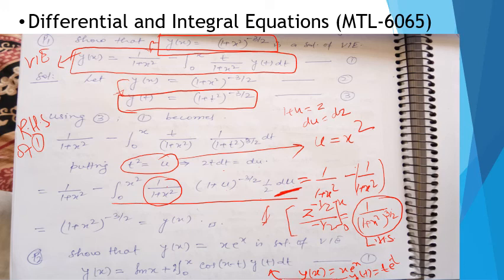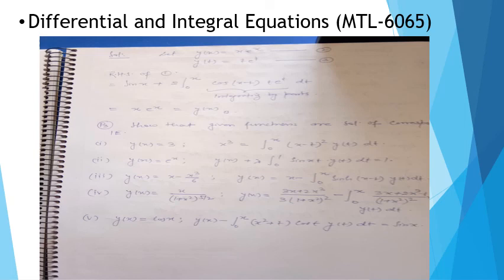Then the RHS of equation 1 is sin x plus 2 integral 0 to x, cos(x minus t) t e to the power t dt. Now integrate this term.